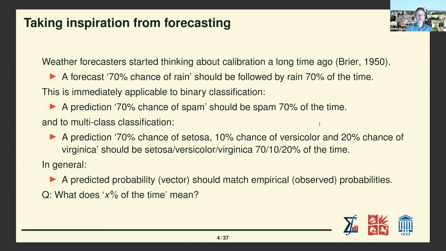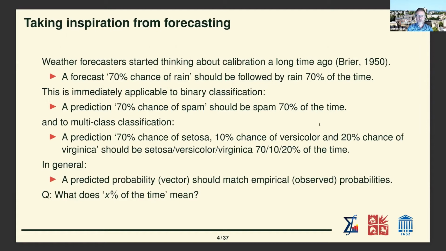So in general, we are interested in having a predicted probability, or a vector in multi-class cases, matching empirical, i.e. observed probabilities.